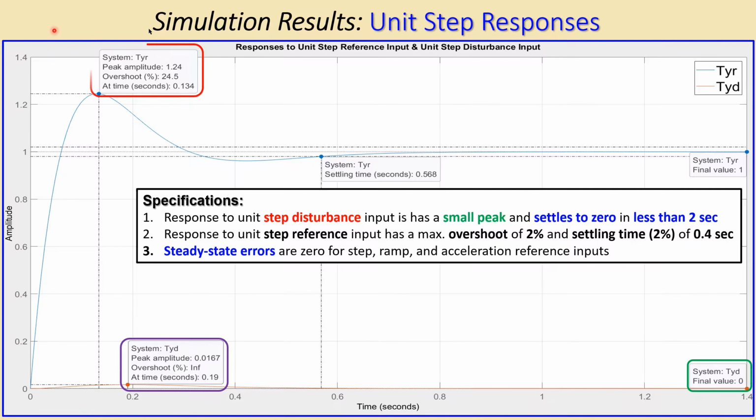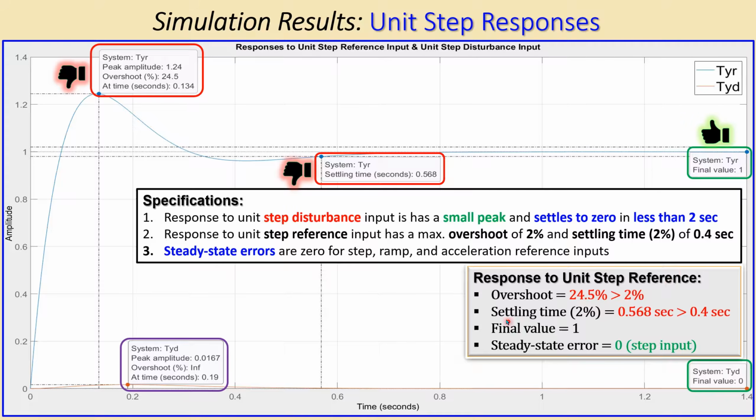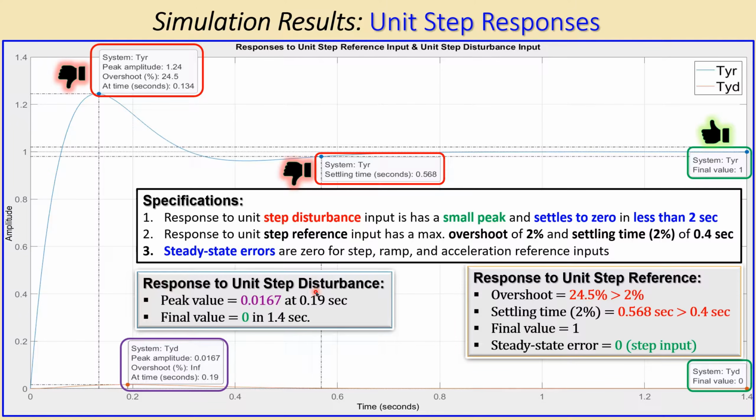Again here, the specifications: this is definitely not good and this is also not good, but the steady state values are okay. And you can see here again a summary that we need to fix these red problems for overshoot and settling time. But the step response due to the disturbance is satisfied, is good enough.